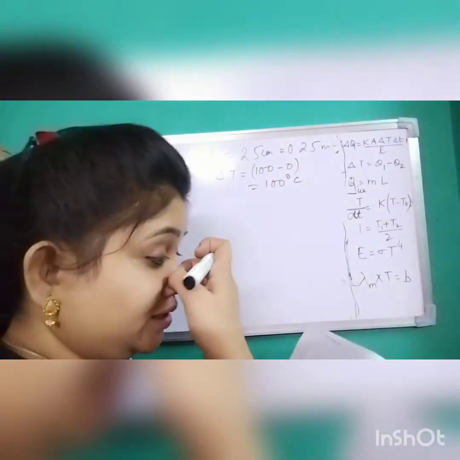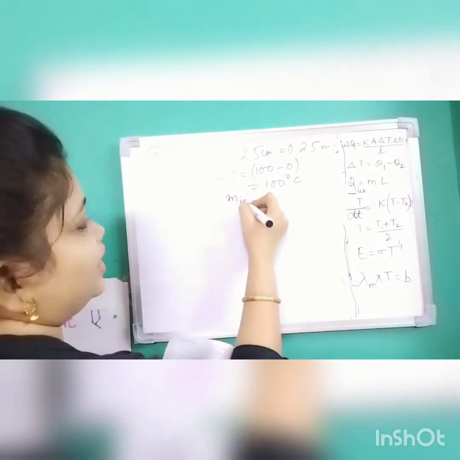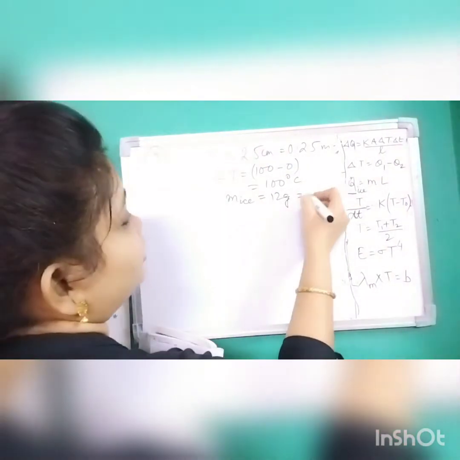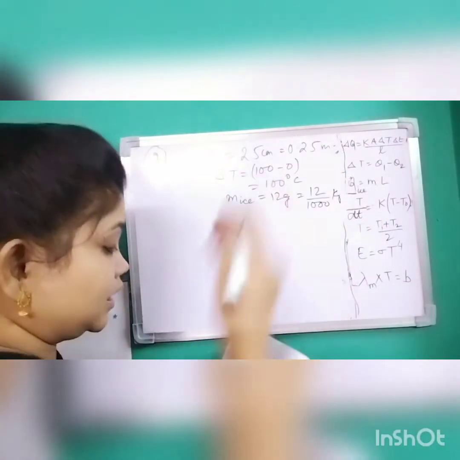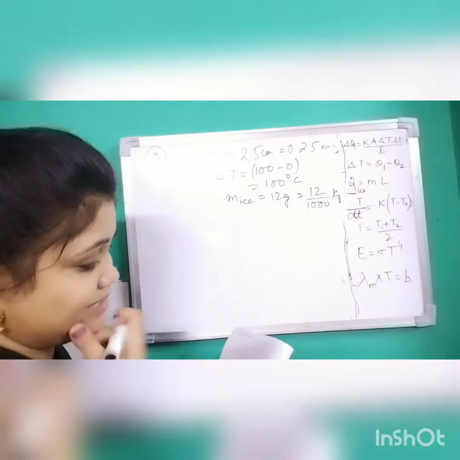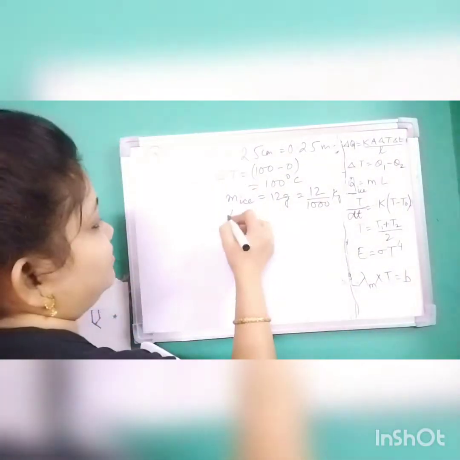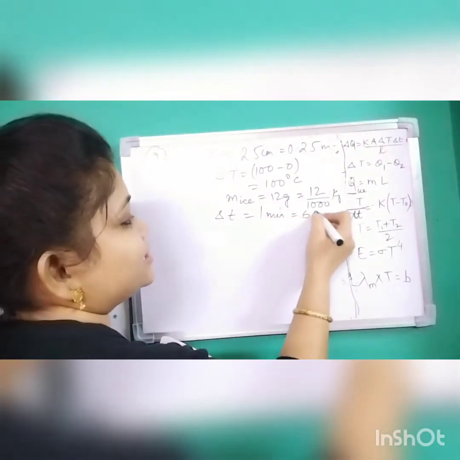Next, 12 gram of ice, that means mass of ice is given as 12 gram. You convert it into kg, 12 by 1000 kg. 12 gram of ice melts per minute, that means time is given as 1 minute, which is nothing but 60 seconds.